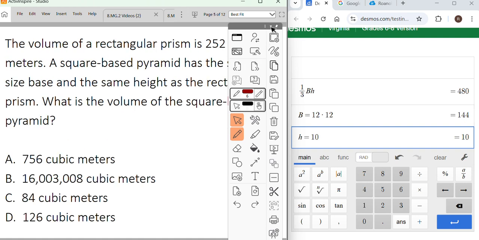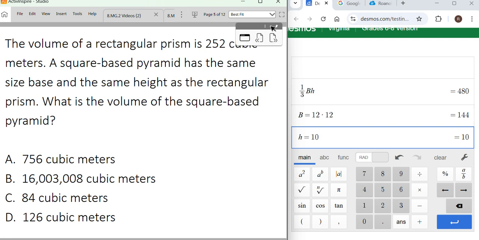Okay, this one says the volume of a rectangular prism is 252 cubic meters. A square-based pyramid has the same size base and the same size height as the rectangular prism. What is the volume of the square-based pyramid?